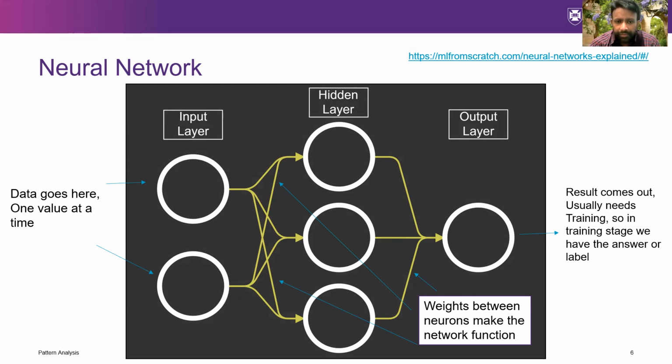Now, everything in between, we don't know yet, but we set up each neuron to be connected to the other in terms of one layer to the other. And we work out the weights between the neurons. And these weights actually end up encompassing the way the problem is actually solved.